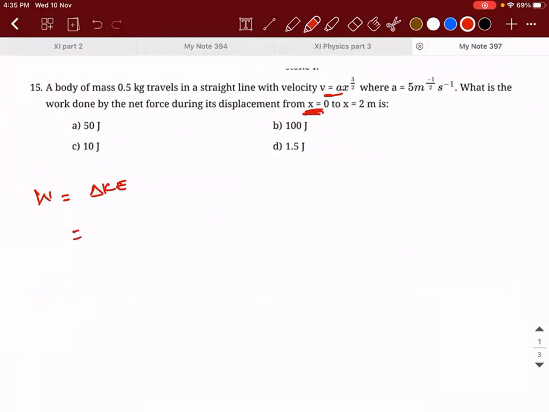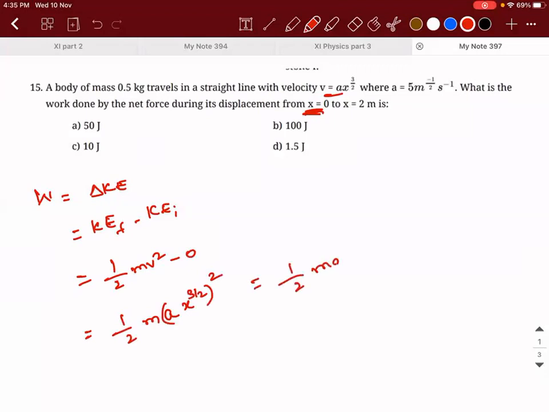So can I write it as K final minus K initial? Half m v square minus the initial velocity, which is 0. So I should write it as half into m into a x power 3 by 2 the whole square. So half m a square into x cube.